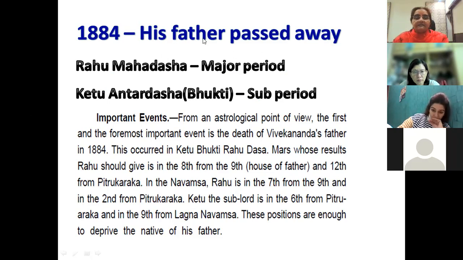1884, when his father passed away, it was Rahu Mahadasha and Ketu Antardasha. He writes Ketu Bhukti and Rahu Dasha. Actually, whenever a person is going through Rahu Mahadasha Ketu Antardasha or Ketu Mahadasha Rahu Antardasha, that is a very difficult time for all. It's a very common thing, you can check.